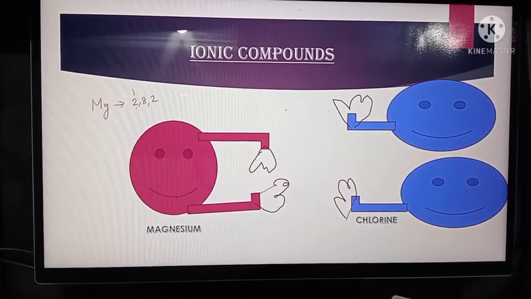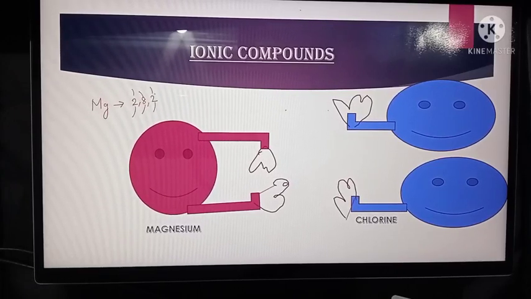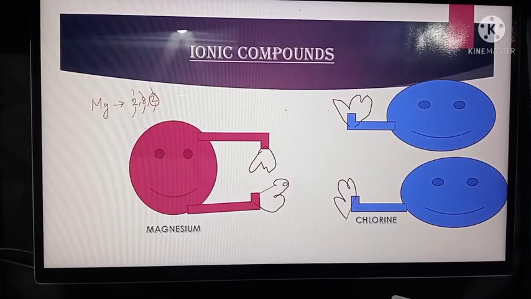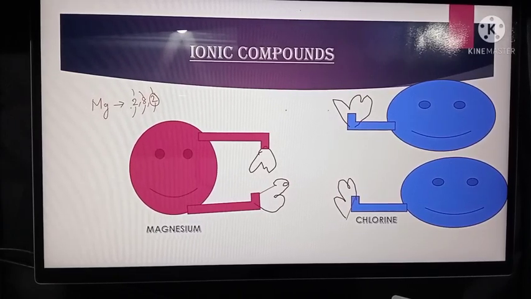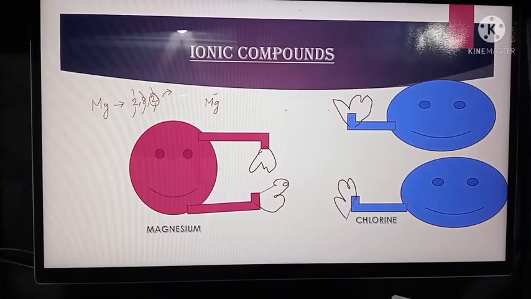So that means the first shell has 2 electrons, the second shell 8 electrons, and the last shell has 2 electrons. In order to have the octet in the last shell, it has to give these 2 electrons. Like this, two hands can be shown. So magnesium has plus 2 to give out.